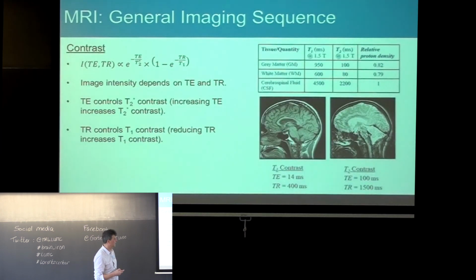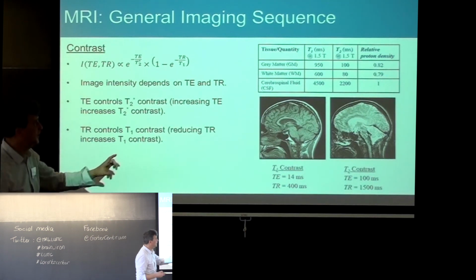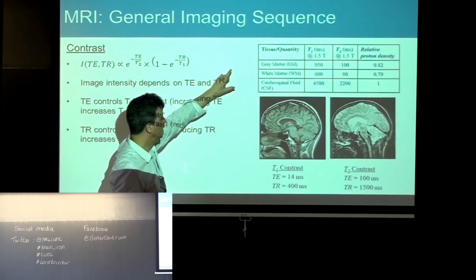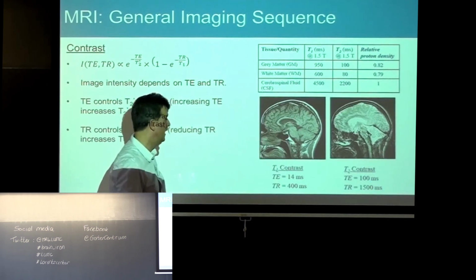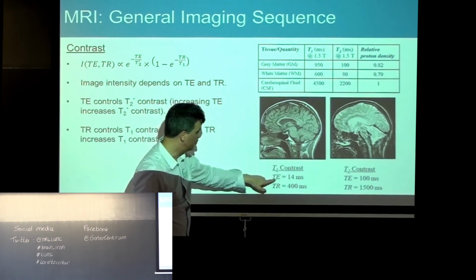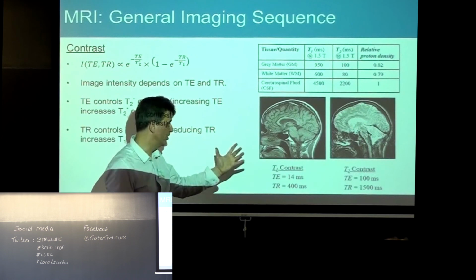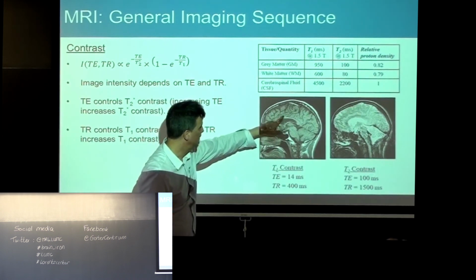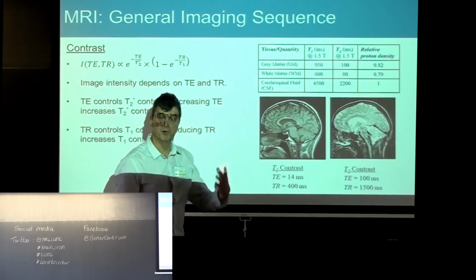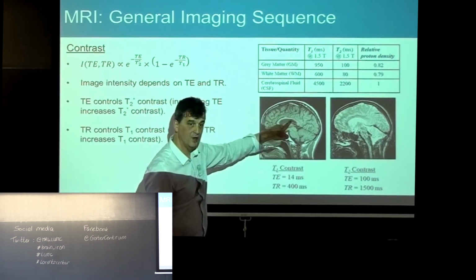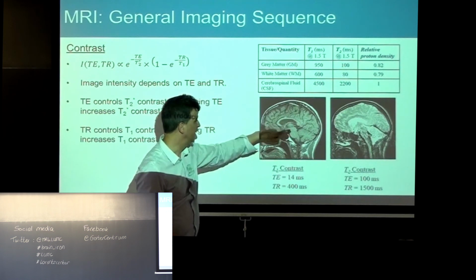So here's just an example of this. 2 images obtained at 1.5 Tesla in sagittal images in the brain, and this is where we have a short echo time and a relatively short TR, so we end up with T1 contrast. The white matter of the corpus callosum appears bright, it's got a short T1, whereas the CSF, which has a very long T1, appears dark here.